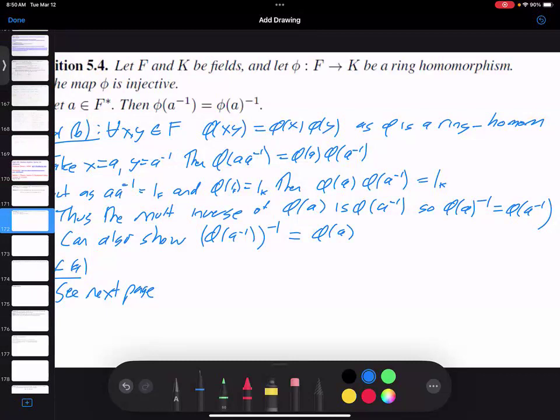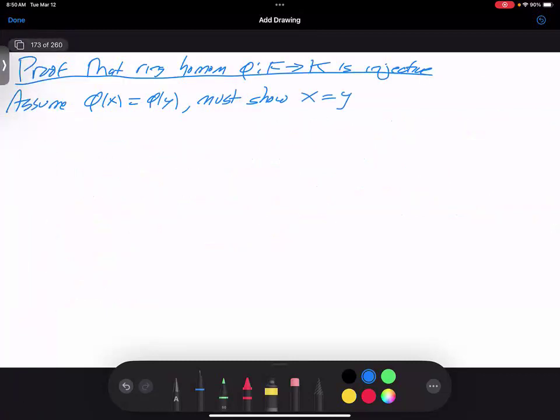Okay, so what were your thoughts about how we can try to prove that it's injective? Minus B1. I'm sorry? Minus. So we can subtract.